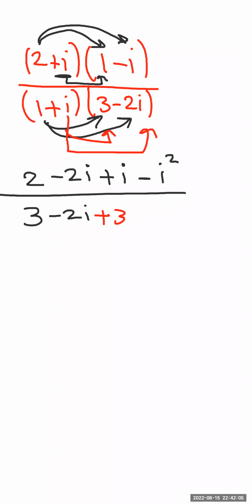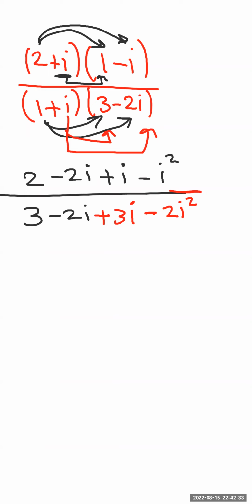One second, because I think I was mistaken. 1 times 3 is 3. 1 times negative 2 is negative 2i. Then i times 3 is 3i, yes. Then continue: i times a negative 2i is minus 2i squared. Okay, guys?